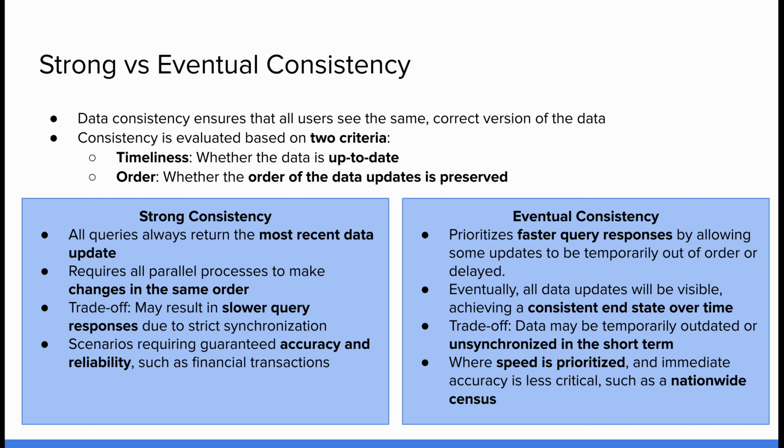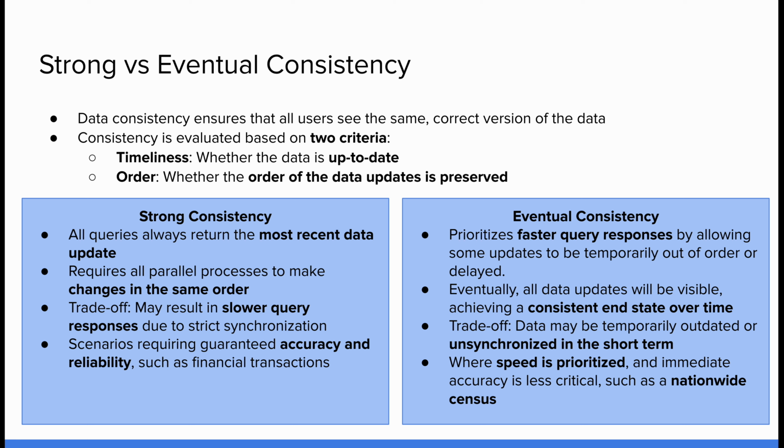On the other hand, eventual consistency takes a different approach. Here, the system prioritizes faster query responses by allowing data updates to be temporarily out of sync or out of order. This means that you can get quicker responses from your queries, but there's a trade-off. The data might not reflect the very latest updates in the database immediately.